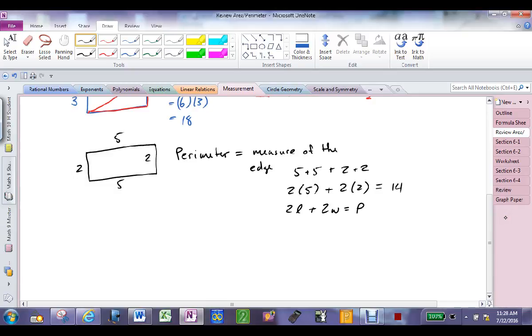Yep. Okay. You will notice I've only covered shapes with straight edges, yeah? And I've only covered 2 very basic shapes, yeah? Every other shape is made of these shapes. Understand?